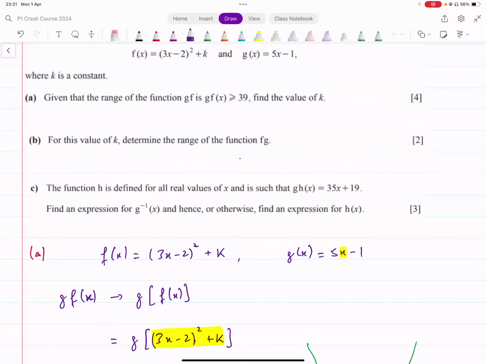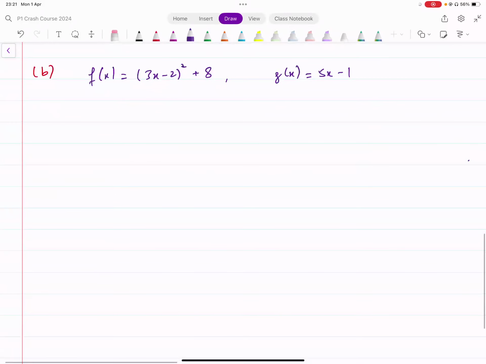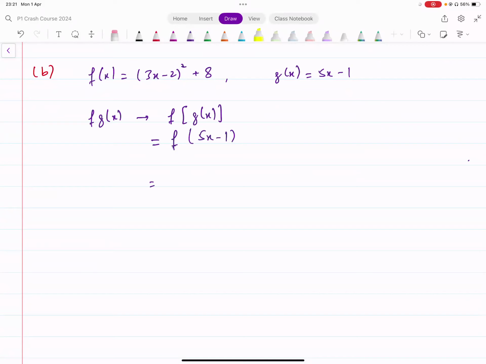We need to find the range of the function fg. Now, first of all, we have to find the function fg. What's fg? Fg of x. What does that become? That's f of g of x. Inside f, we have to input g. So that becomes f of 5x minus 1. So in place of x in this first function, you have to input 5x minus 1.